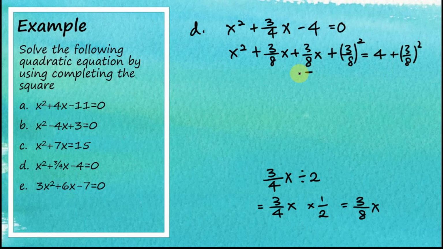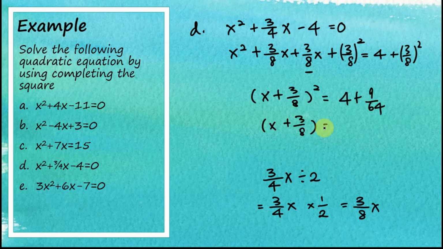And now the square is completed, and therefore we can straight away write the equation. This is (x plus 3/8) squared, okay, equal to 4 plus 9/64. Therefore my x plus 3/8 is equal to positive negative.